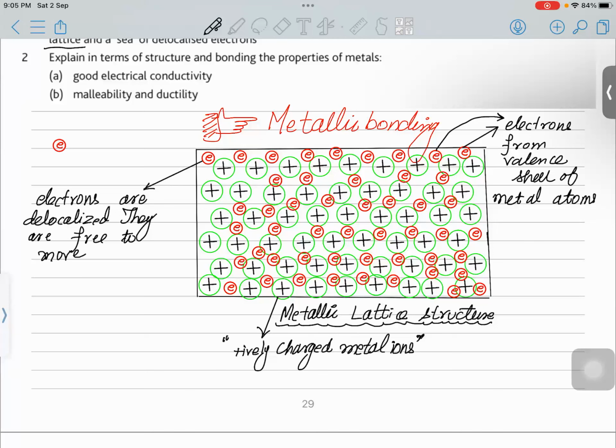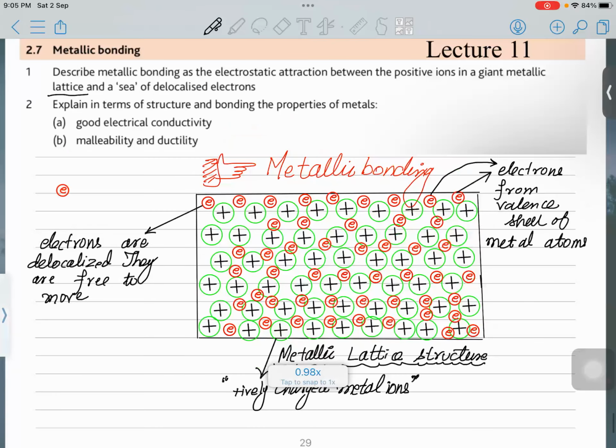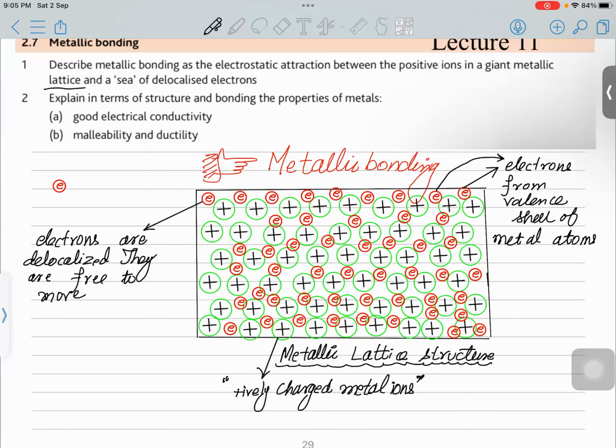Metallic bonding is the bonding between the atoms of the metal elements.